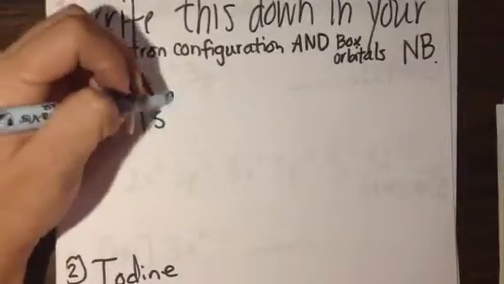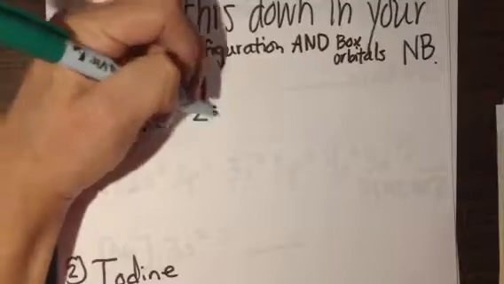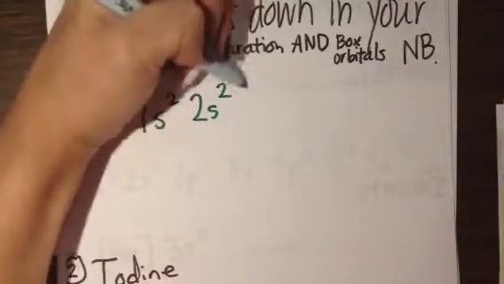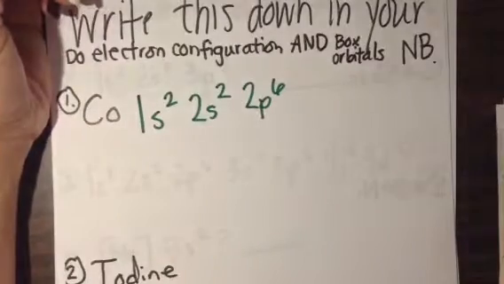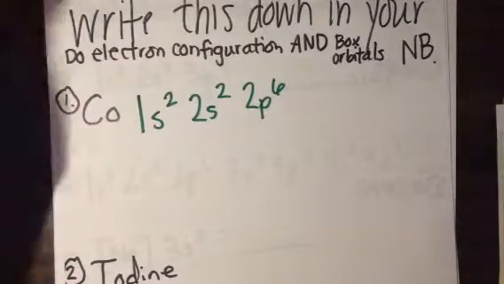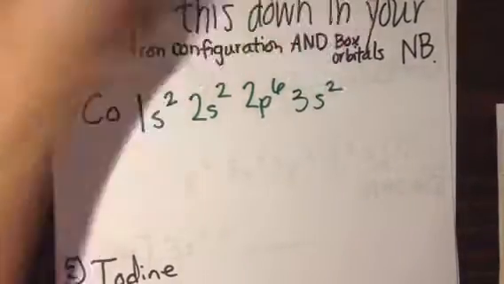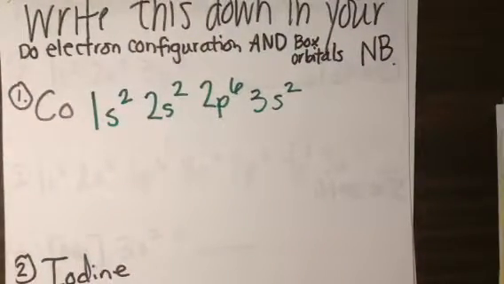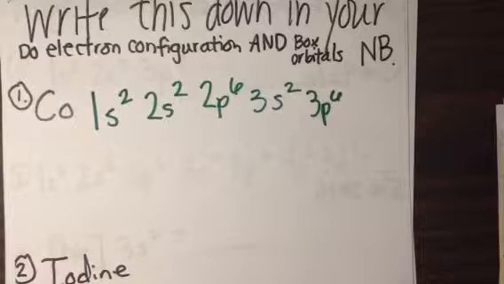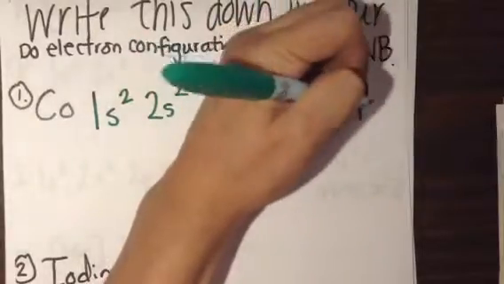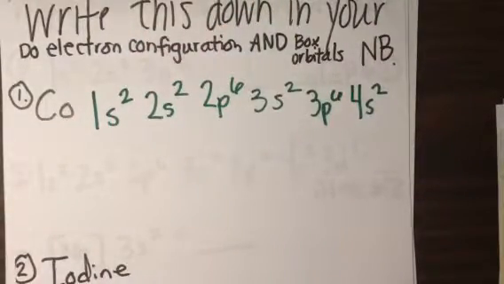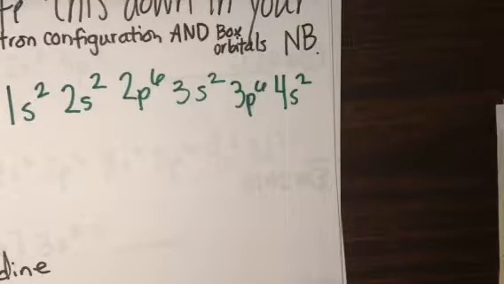Cobalt, you should have gotten 1s2, 2s2, 2p6, 3s2, 3p6, 4s2, and 3d. 3d, 1, 2, 3, 4, 5, 6, 7. 3d7.